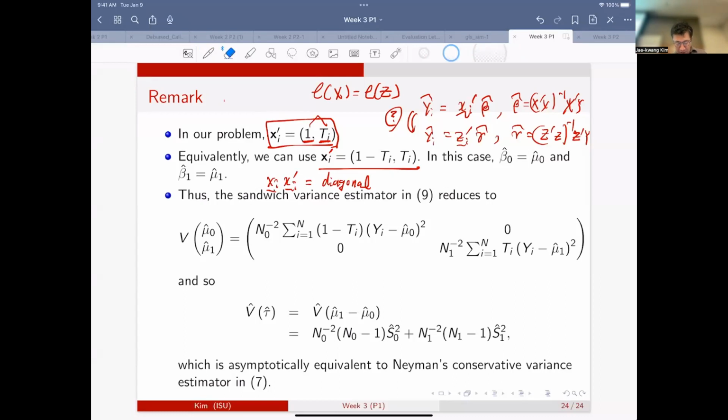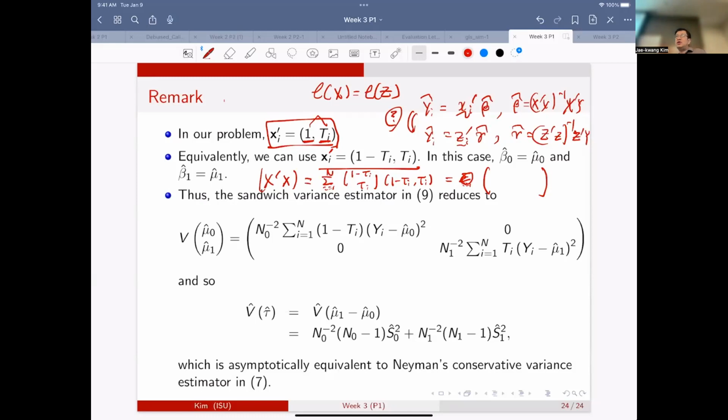So if you use that, what is X prime X? X prime X is a summation of a 2 by 2 matrix with entries (1 minus Ti) and Ti. So that is actually the summation of a 2 by 2 matrix, with summation of Ti and (1 minus Ti) squared. And (1 minus Ti) squared is 1 minus Ti, right?